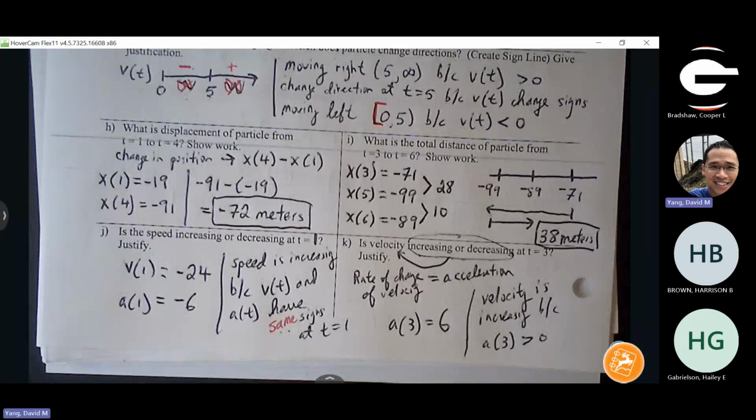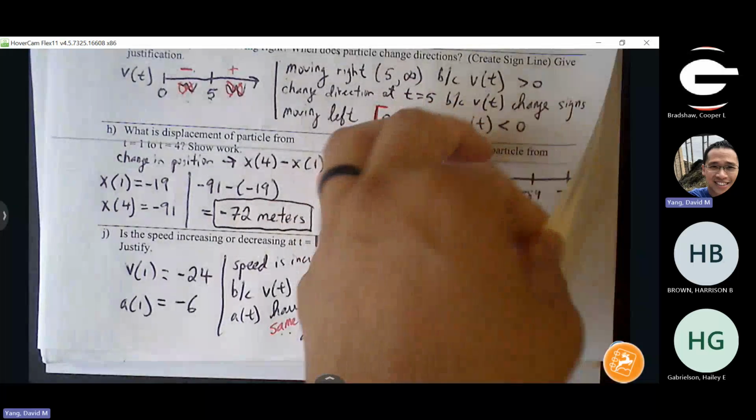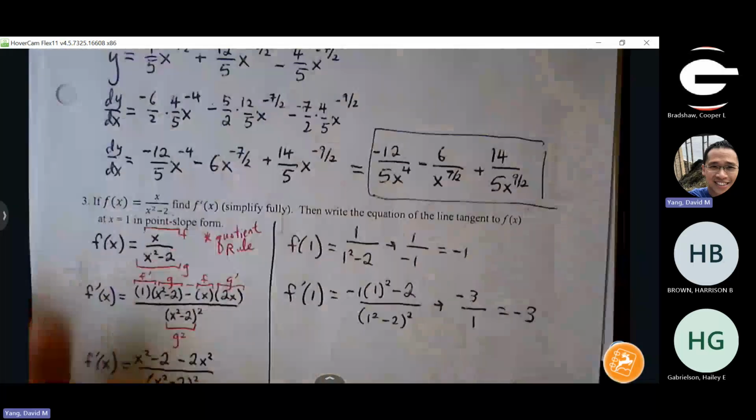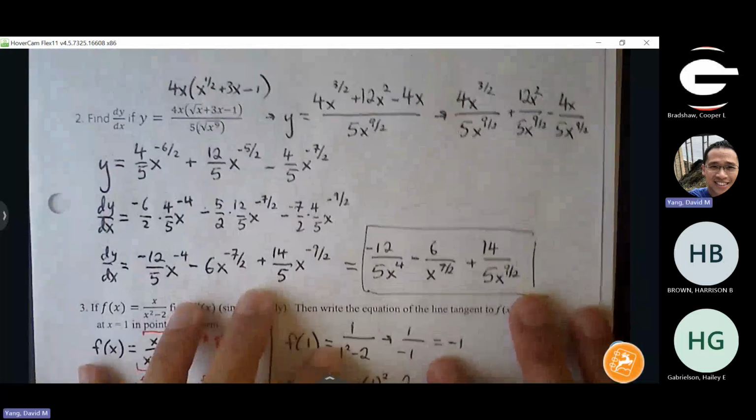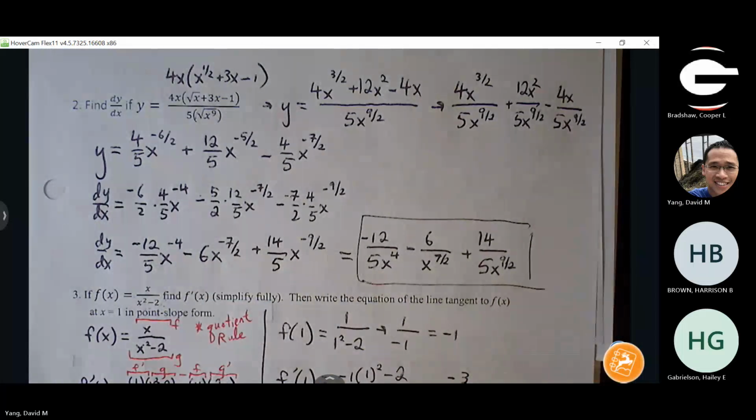Okay, I'll go back to the first page. I know some students had questions about number 2. Let me just walk through that again, and then I'll come around and see if you have any individual questions. So number 2 here is just a power rule problem. We can distribute the 4x through.